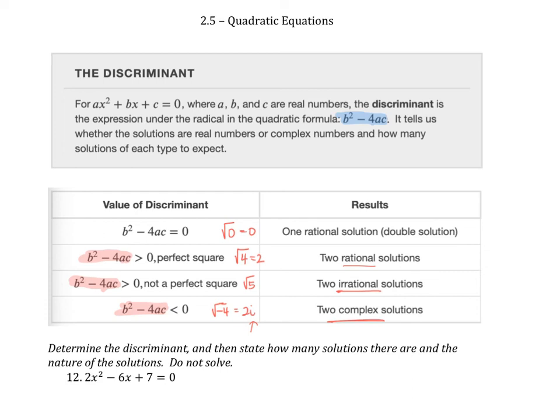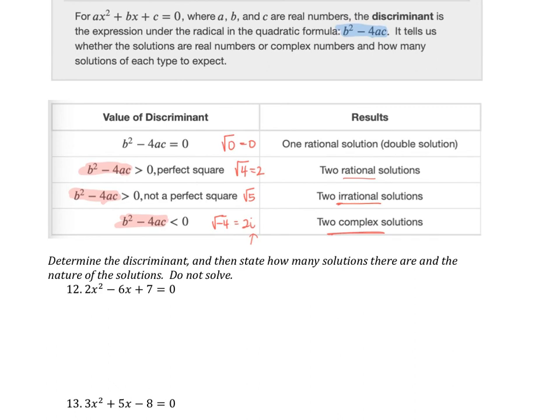Again, just to recap, if you're looking at the discriminant, you're going to solve just for this part, the b squared minus 4ac. If you get 0, then you have one rational solution. If you get a positive, perfect square, you have 2 rational solutions.